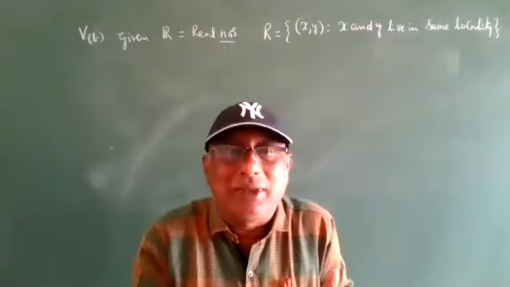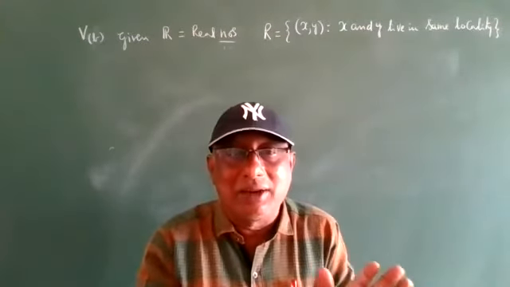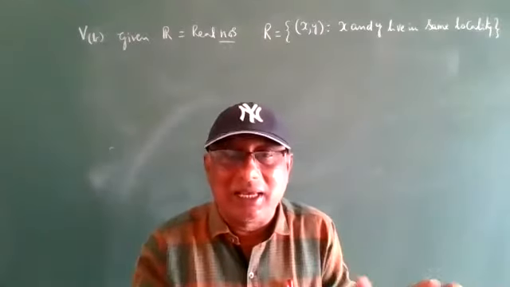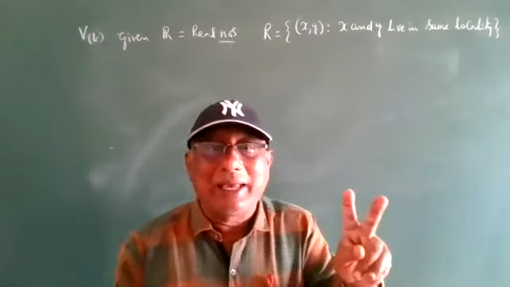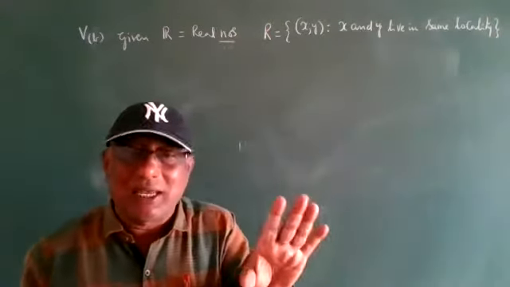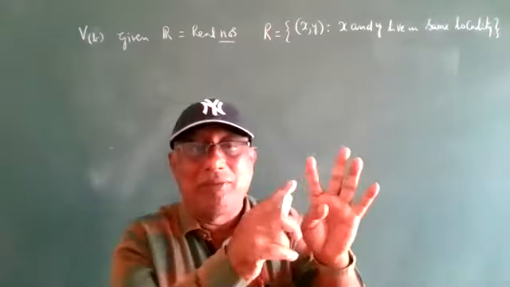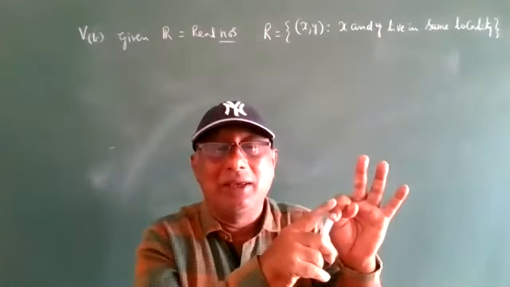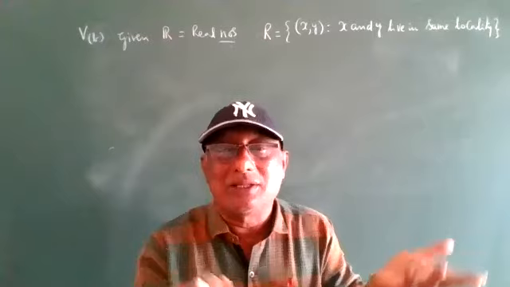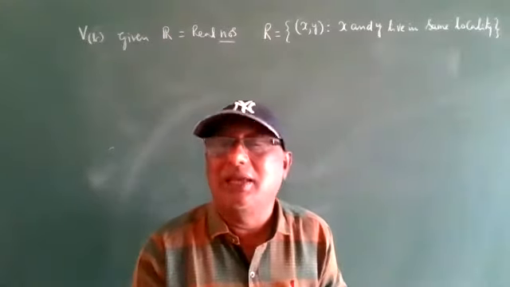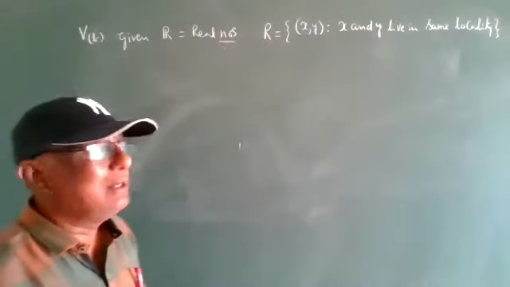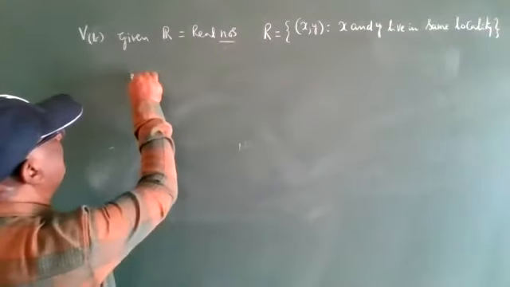He and himself are in Vijayagiri, so reflexive. x and y in Vijayagiri means y and x also in Vijayagiri, so symmetric. x, y in Vijayagiri and y, z in Vijayagiri means x and z also live in the same Vijayagiri, so transitive also. Write down fast, everyone.